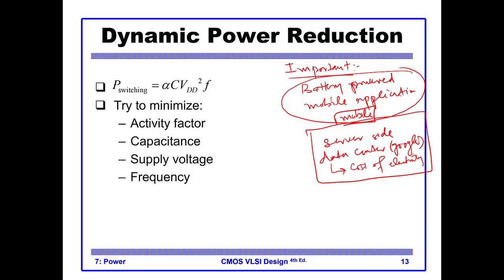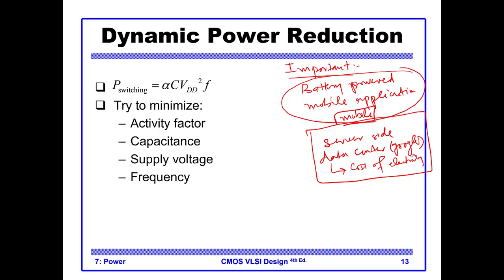Not only do they consume more electricity, but the data center requires air conditioning to cool it down. So the cost of air conditioning will add up. So dynamic power consumption is a factor to consider, not only in mobile applications but also in server applications.